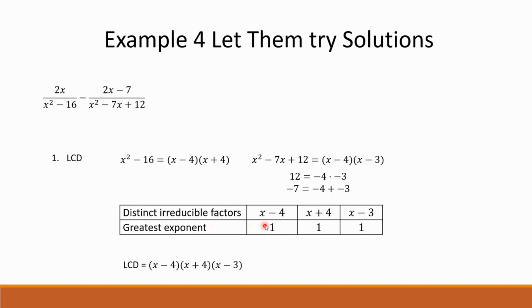So the greatest exponent is just 1. x plus 4, there's only one exponent, 1. x minus 3, there's only one exponent, 1. And so we get this. All right, so that tells us the LCD is x minus 4 to the first times x plus 4 to the first times x minus 3 to the first.